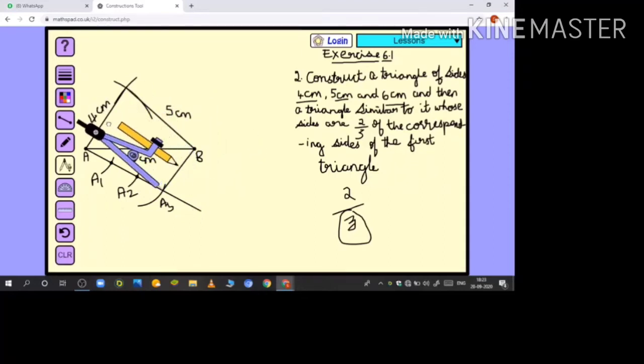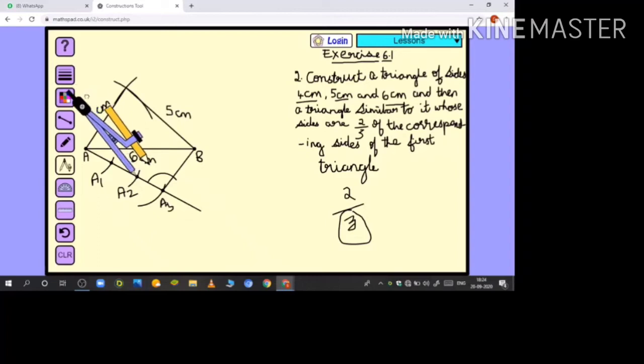For that, keeping the compass tip on A3, that is taking the center as A3, we are drawing an arc at A3 without changing the radius, without changing the compass measurement.